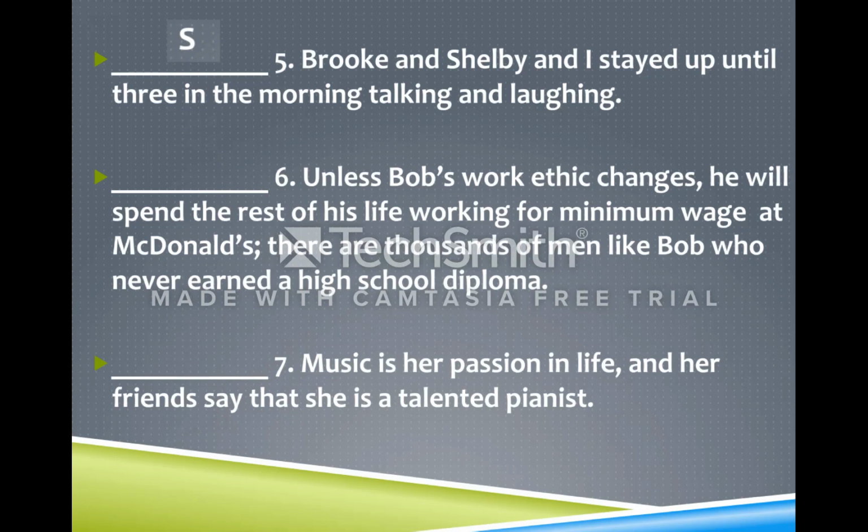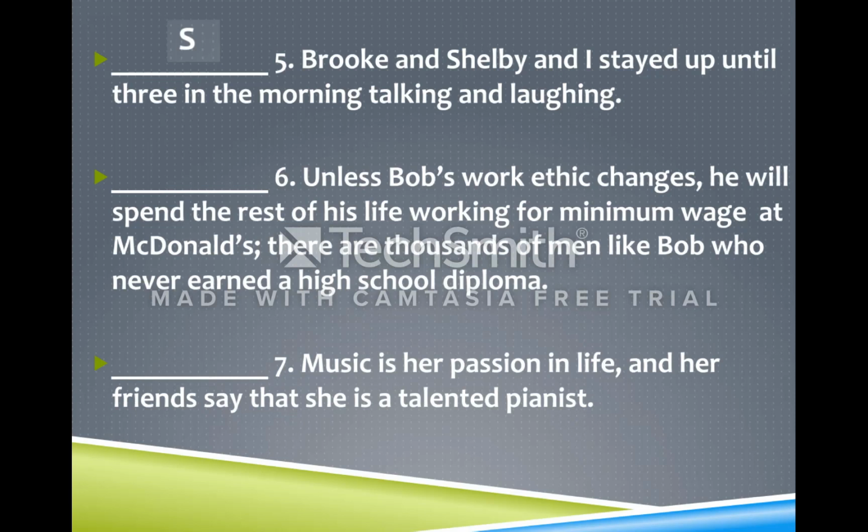Now, number 6. Unless Bob's work ethic changes, he will spend the rest of his life working for minimum wage at McDonald's; there are thousands of men like Bob who never earned a high school diploma. There are 4 clauses in this sentence. The first clause, unless Bob's work ethic changes, is a dependent clause.